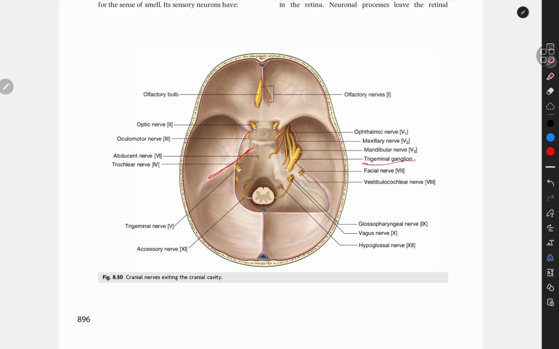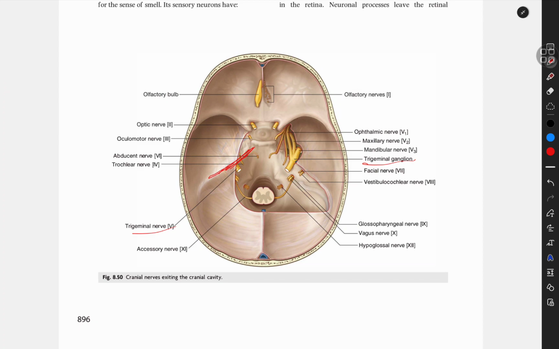So this is the medial lip of the petrous part of the temporal bone, which makes sense. This is the trigeminal nerve, and this is the petrous part of the temporal bone.